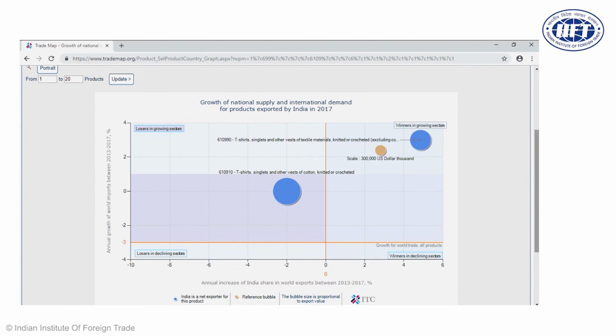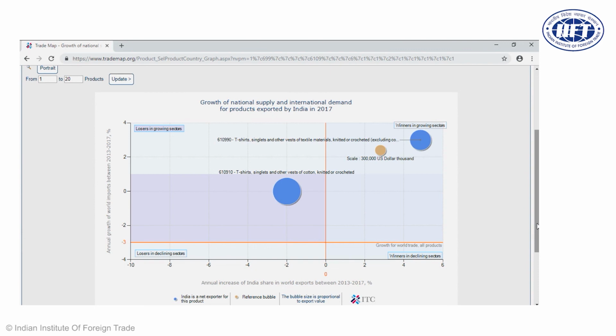share is declining. The horizontal red line: above it, the products can be called the growing sector. Below that, the products can be called the declining sector. If a product falls under winner in growing sector, that means the share of India in export of the product is on the rise, and we also see import of the product in the world is increasing.